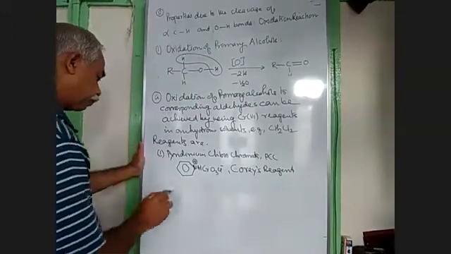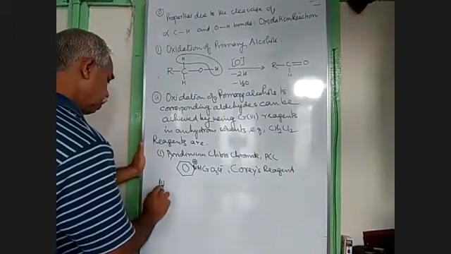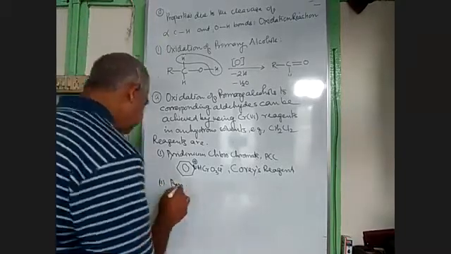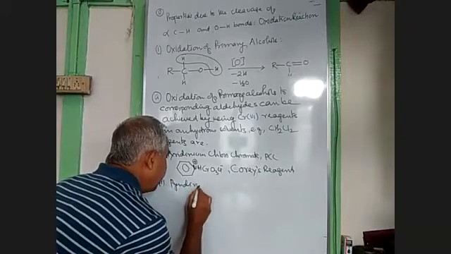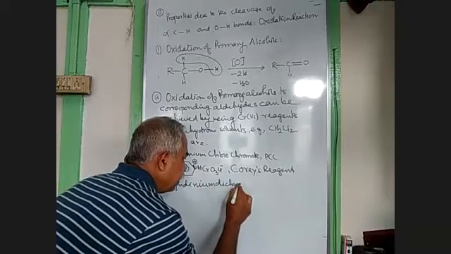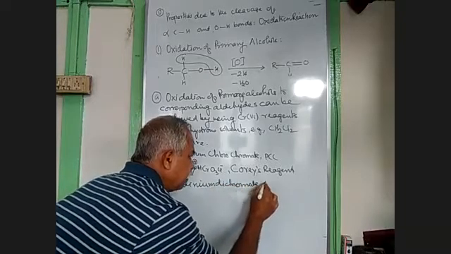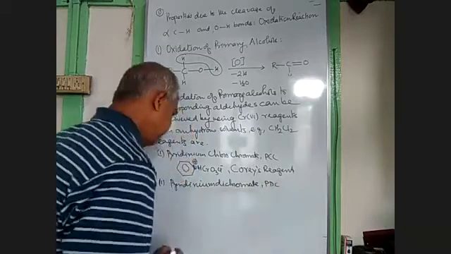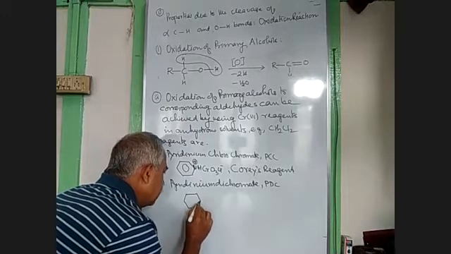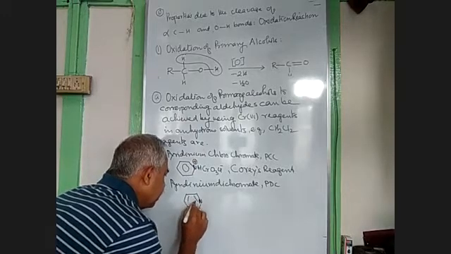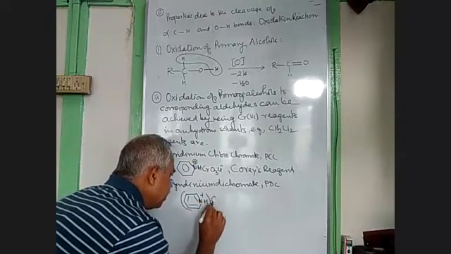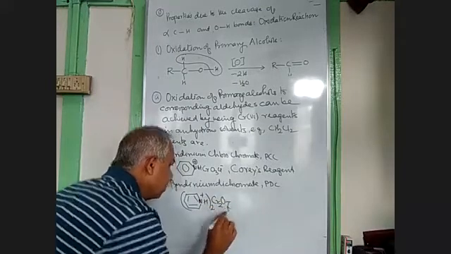Second, we can use pyridinium dichromate. Okay, in short form we call it PDC. So what is this? Dichromate valency is 2. So in that case, you'll find this will be twice, Cr2O7.